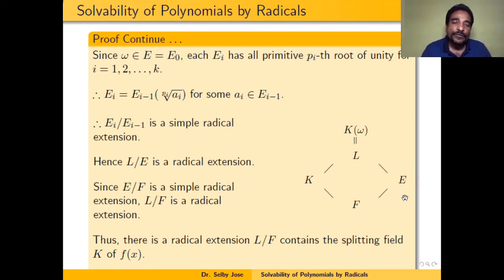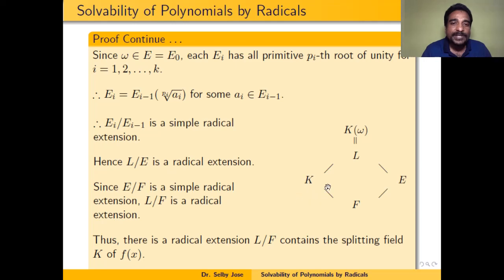E is equal to F(omega), and omega raised to n is equal to 1, which belongs to F. Therefore E over F is in fact a simple radical extension, so it is a radical extension. So we have L over E and E over F are radical extensions, so L over F is a radical extension. And this radical extension contains the splitting field of fh.